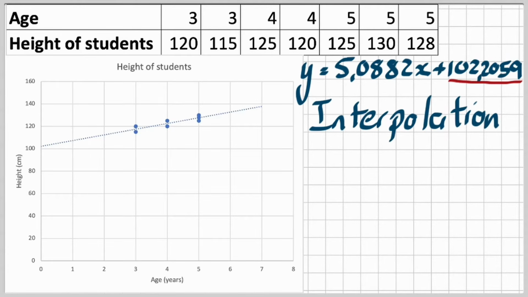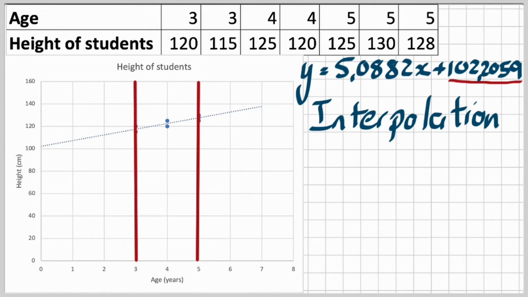Let's look at the first important concept of this video, interpolation. Interpolation means you are making a guess between the lowest x value and the highest x value, in other words, within the domain of what the experiment gave you.